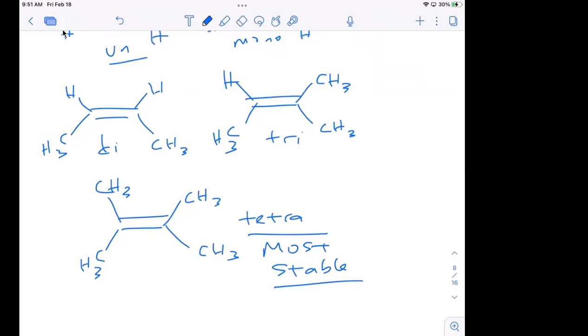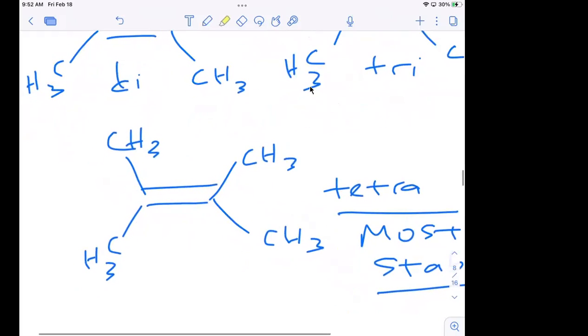Right, there's a reason for that. Think about how when we talked about carbocation stability, it follows a similar trend. So your alkene carbons are sp2. They are more electronegative than an sp3 carbon because of the percent S character.